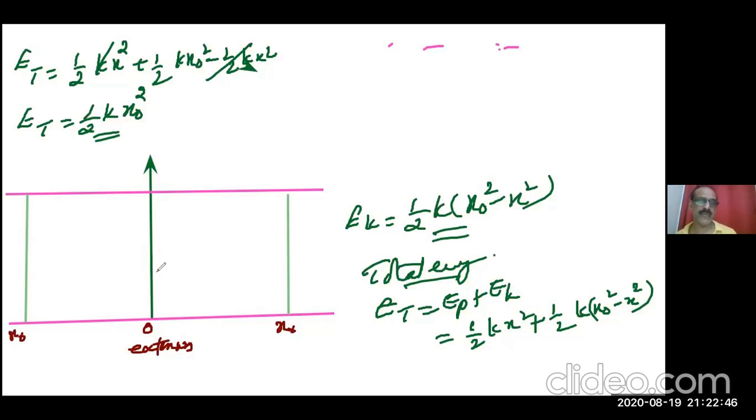Graphical method. The following graph shows the variation of potential energy, kinetic energy and total energy of an oscillating spring. This is energy.